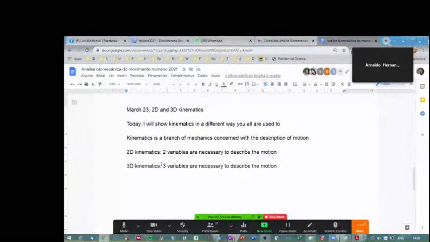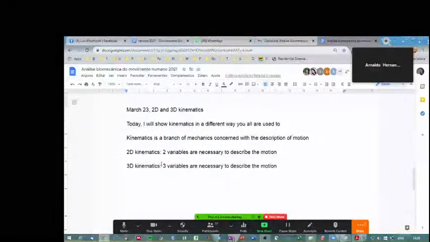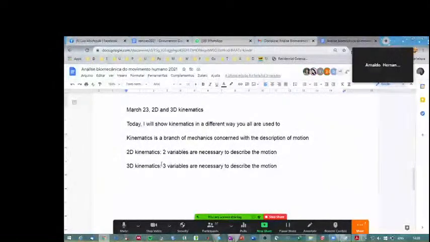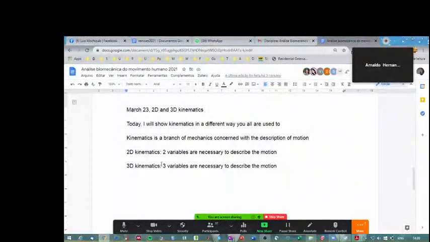Okay, so let's think about coordinates on a map. When we are thinking about a map, we are not thinking about x and y.